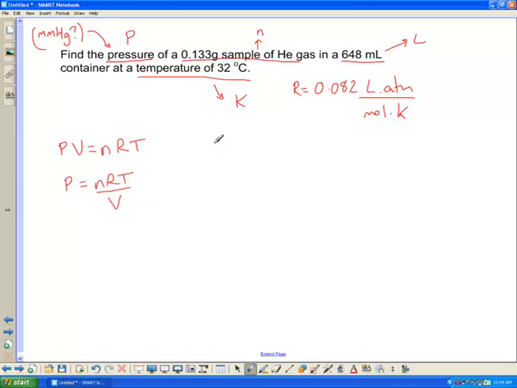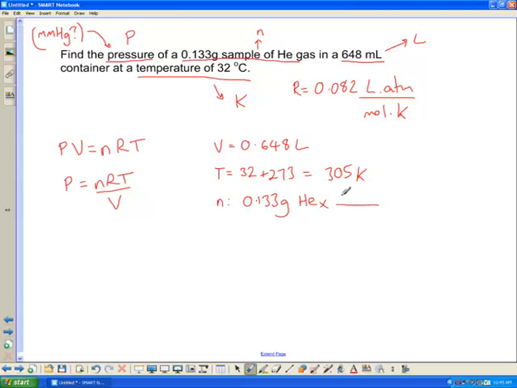Let's do the simple one first. 648 mL is of course 0.648 liters, knowing that there's 1,000 mL in a liter. Temperature is 32 plus 273, should be 305 Kelvin. The number of moles is a little bit more involved, but it's not that much more. We have 0.133 grams of helium.